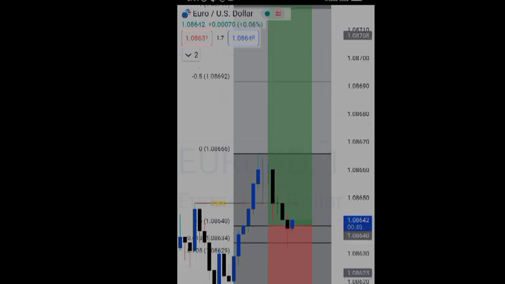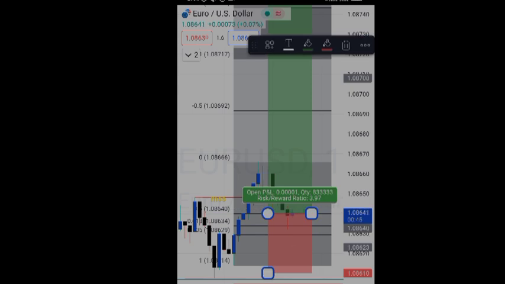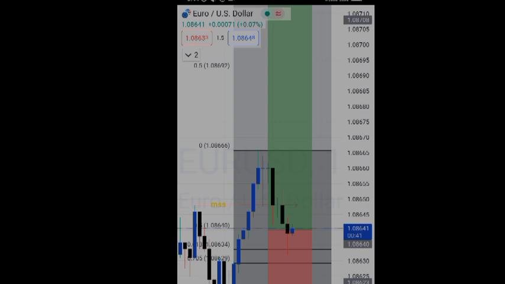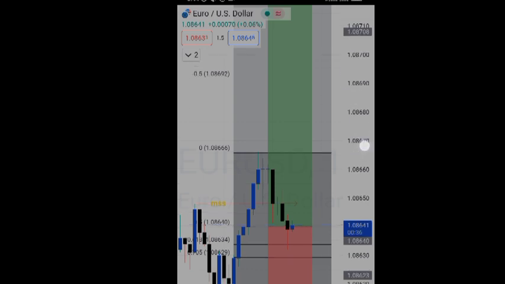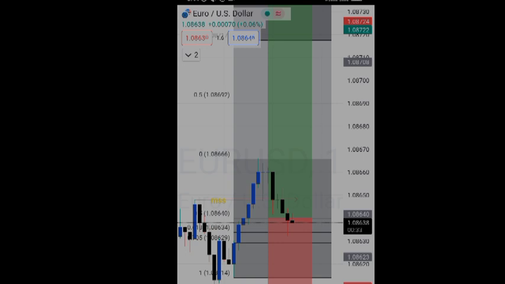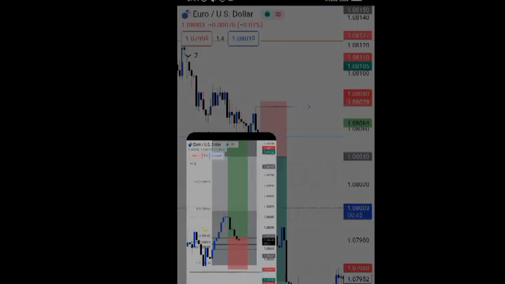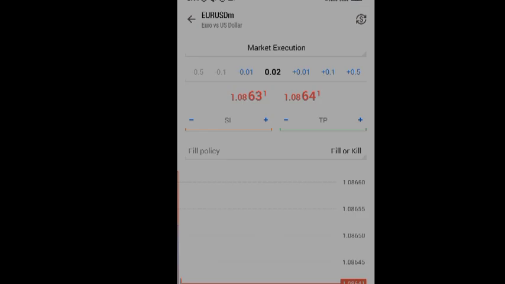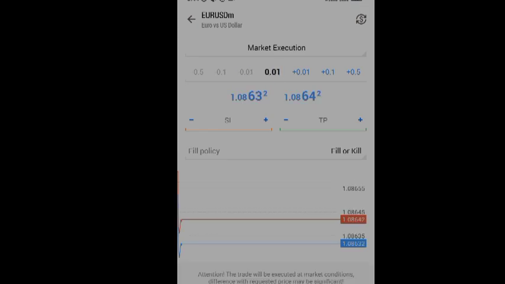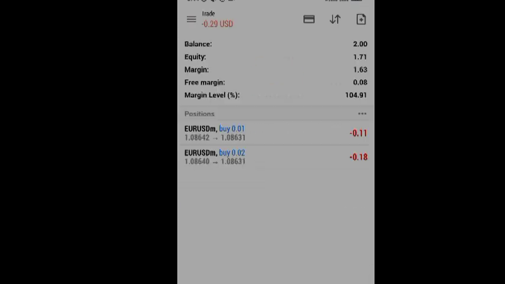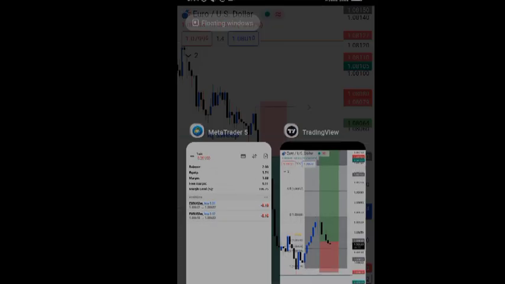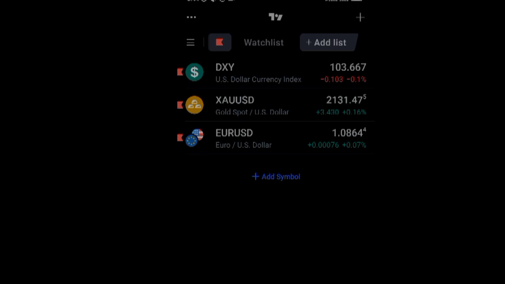So this is a 3 pip stop loss. I think one more lot size. These guys are criminals. Their spread is just too big.